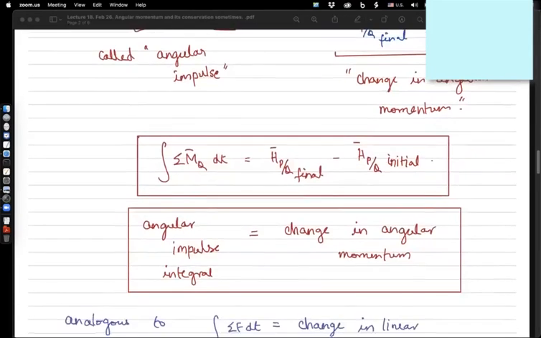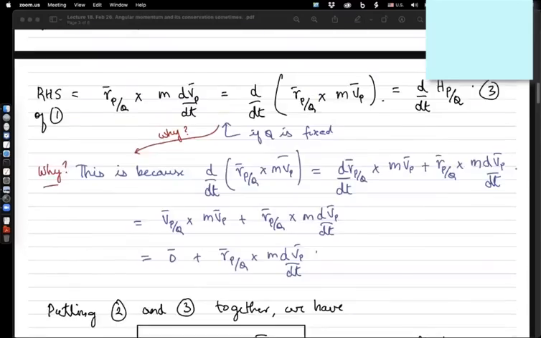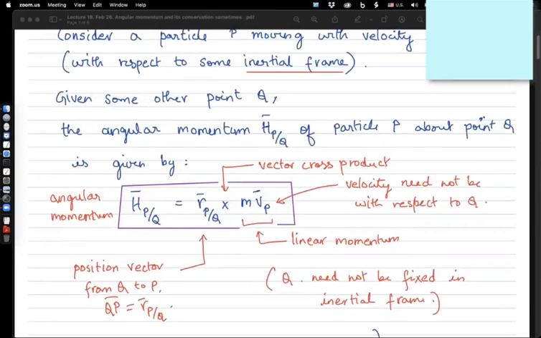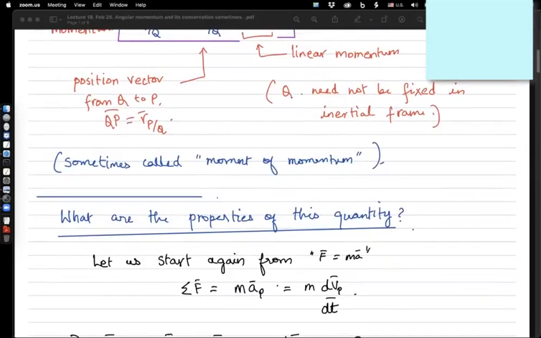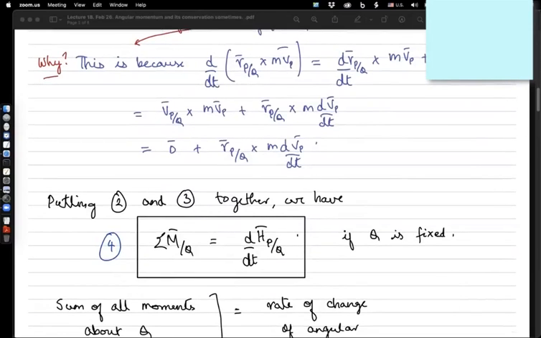Looks like there's a question somewhere. What was equation 2? Yeah, so the three equations I wanted to box were basically the definition of angular momentum, contrasting with linear momentum. Basically, you take the moment of linear momentum. That's the definition of this quantity called angular momentum. And then the second equation is sum of all moments, basically of all the forces, about the point Q is rate of change of angular momentum.